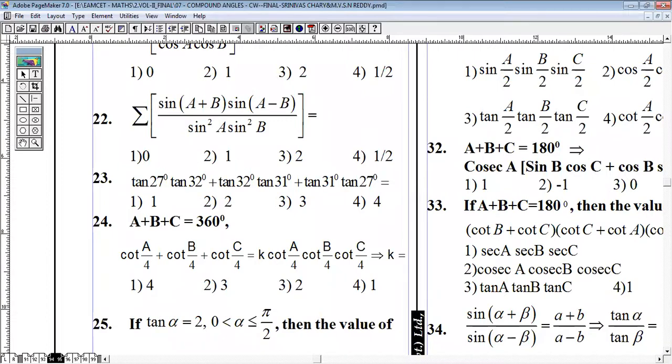Then what is the value of K? On the LHS, simply we can write sigma cot A by 4, the sum of the terms, is equal to K times, on the RHS, the product of the terms in the cot. When there is a product, we can represent it by the symbol pi. Pi cot A by 4 we can write.